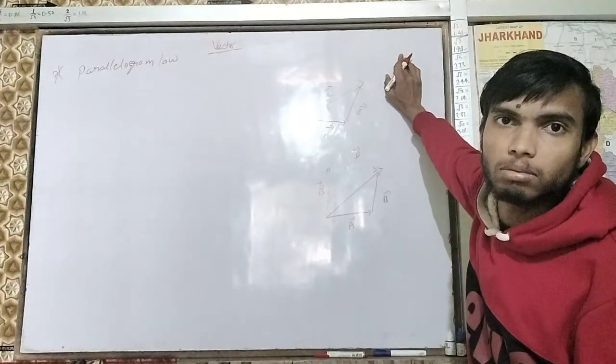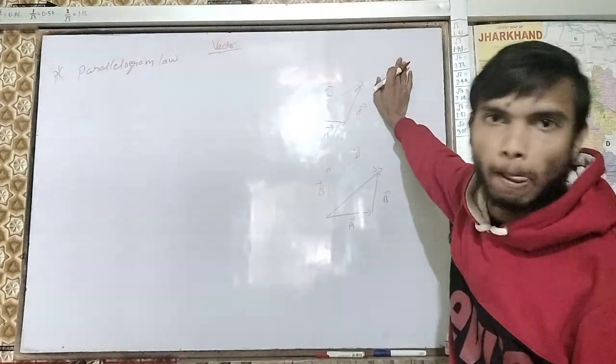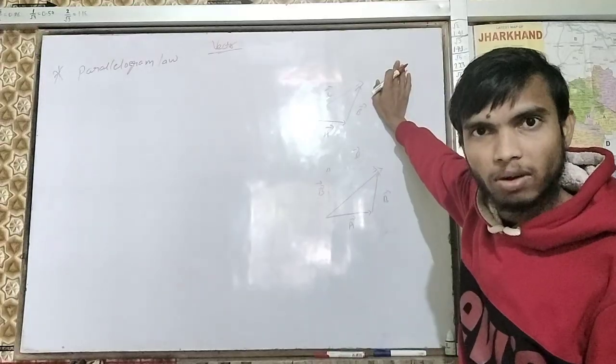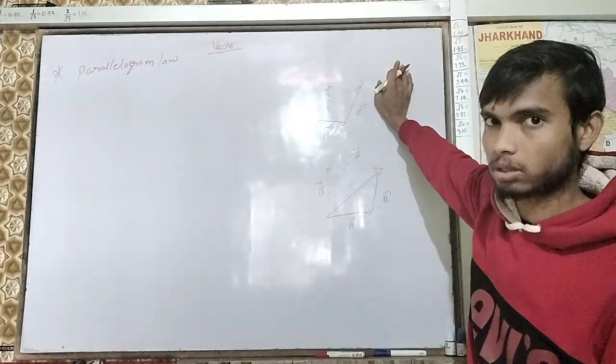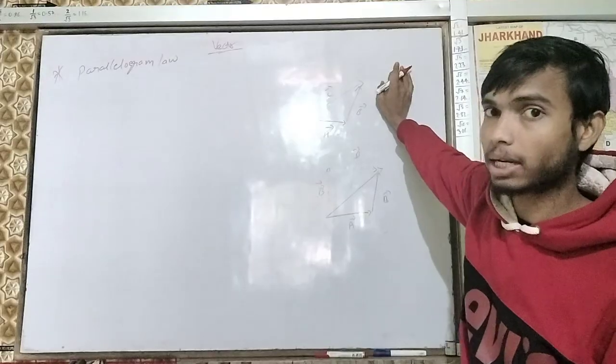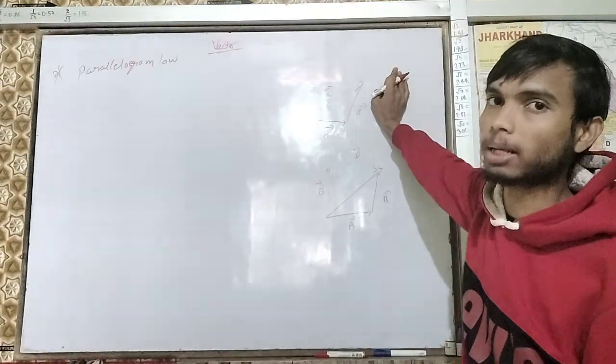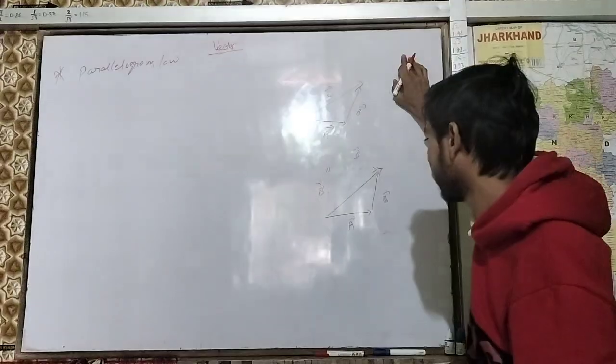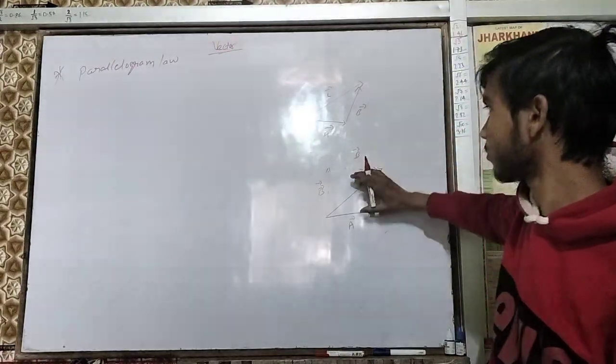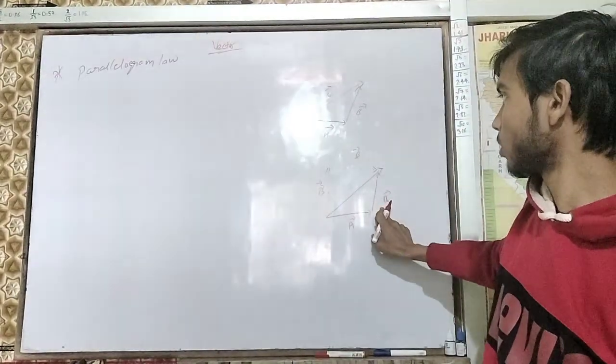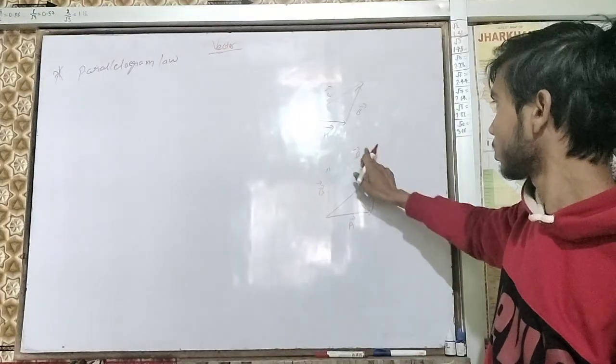We have done it completely. Our work was just to shift two vectors so that we can get the parallelogram diagram. Now it is looking like this, 1, 2, 3, 4.